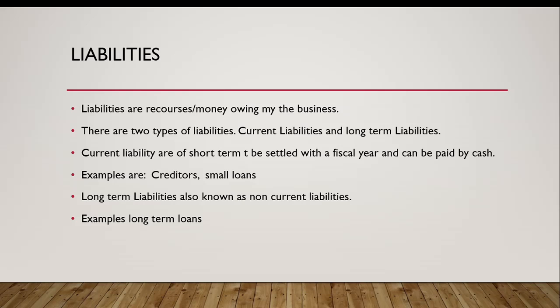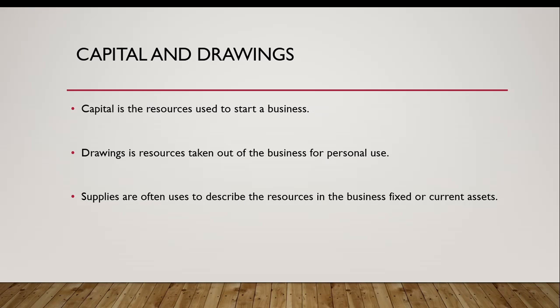Current liabilities are short term, to be settled within a fiscal year and can be paid in cash. Examples are creditors and small loans. Long-term liabilities are also known as non-current liabilities, and we have an example of long-term loans.